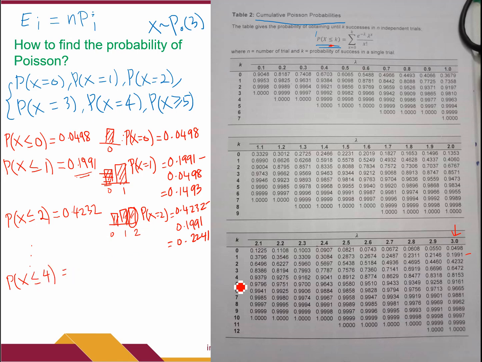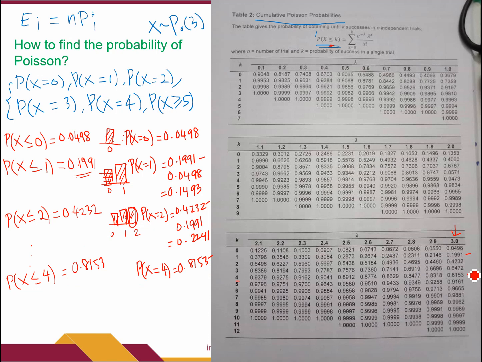So you do this until, for example, Px less and equal to 4. For Px less and equal to 4, you would have 0.8153. But you want Px equal to 4, right? So 0.8153 minus Px less than or equal to 3.